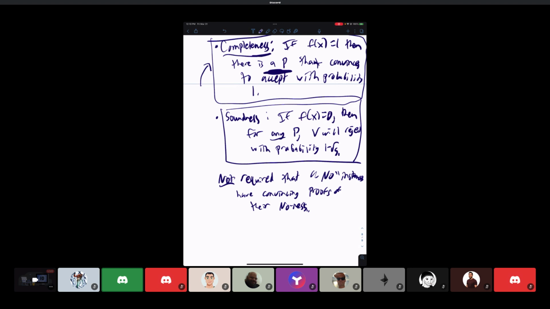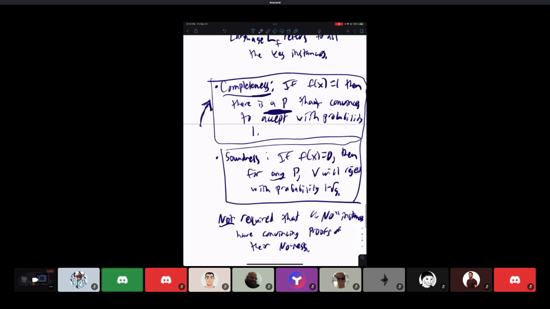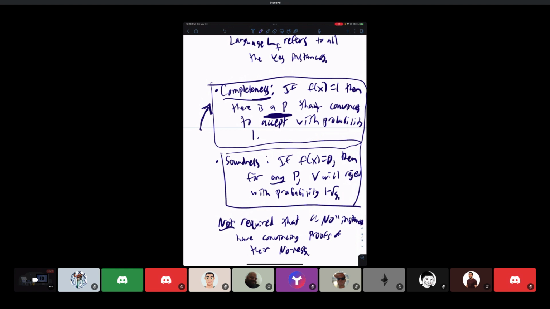It's just that the true statements the prover is claiming in SNARK land are typically that the prover knows a witness that causes a circuit to output some value, right? And that's a true statement, so you only need a convincing proof for the true statements, just as in this asymmetric case.